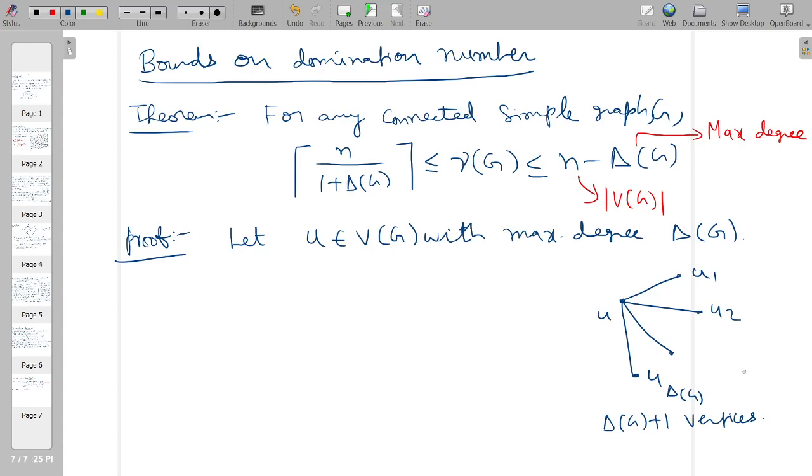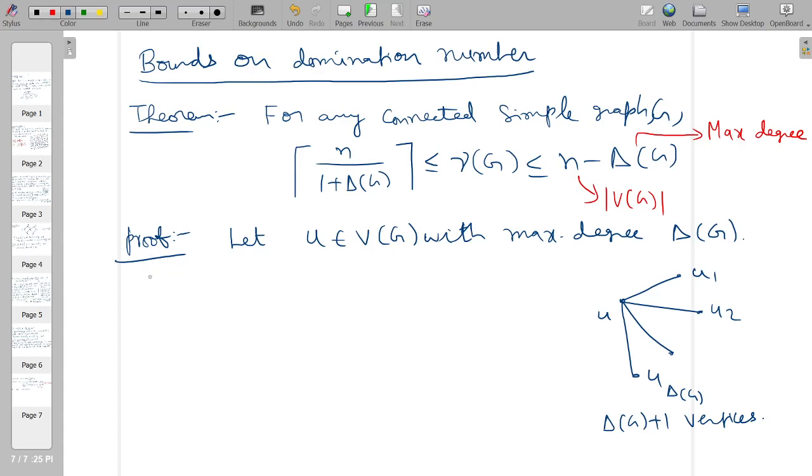So in a graph, a vertex can dominate a maximum of delta of G plus 1 vertices.